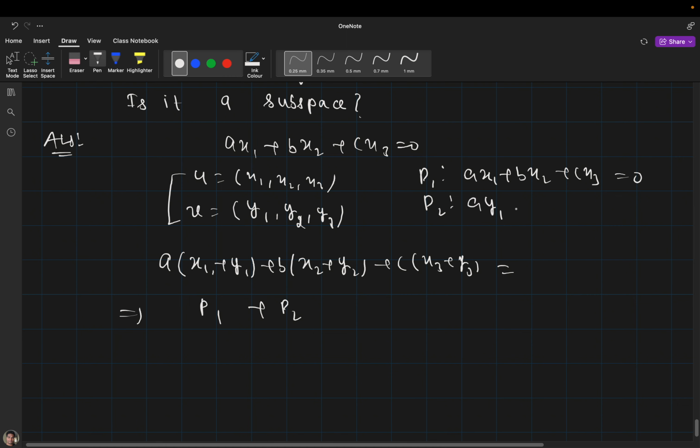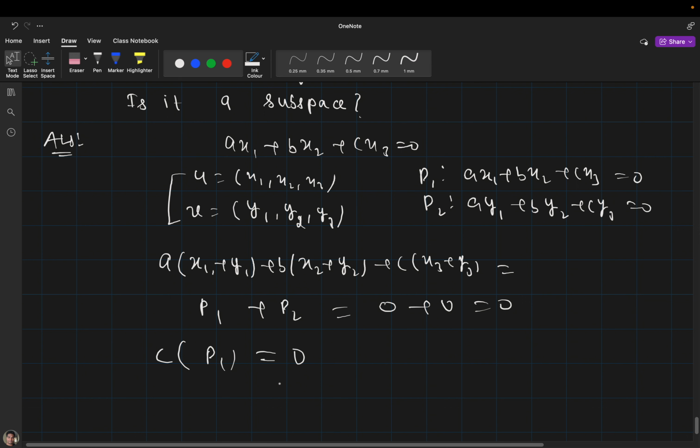A y1 plus b y2 plus c y3 equal to 0. Now you can see that it is completely satisfying. Similarly, take c times u. You will get c times p1, and that is 0. So every time all vector space axioms will be satisfied.